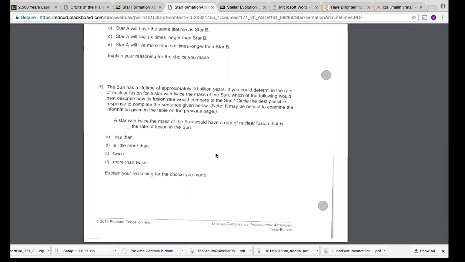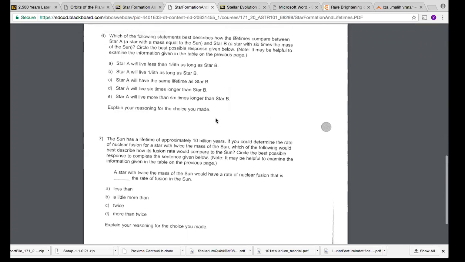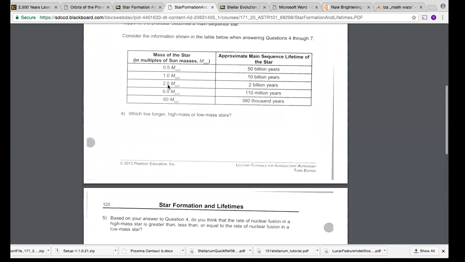I did this yesterday, and right now I'm confused. I don't know. Okay, fine, but you could take a look over here because in the table you have the star that has twice the mass of our sun, and you can see that it's going to live only 2 billion years.